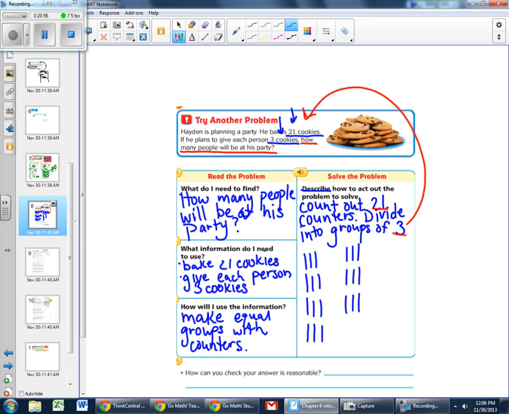Okay, so I made groups of 3, just like you will if you used the counters. I made equal groups of 3 for each one of these. Now I have to count to see how many actual groups that I made. So here's 1 group, 2, 3, 4, 5, 6, 7. So I have 7 people coming to the party.